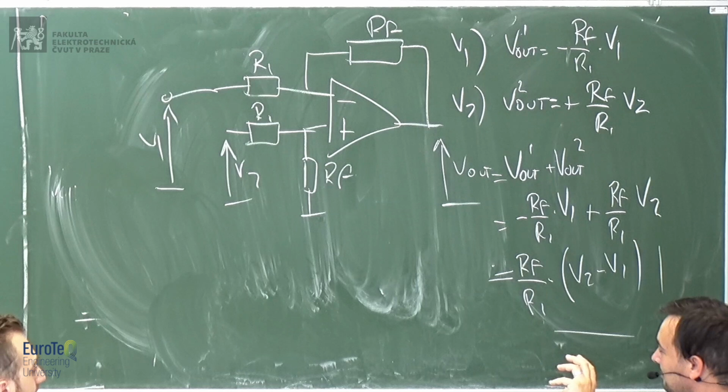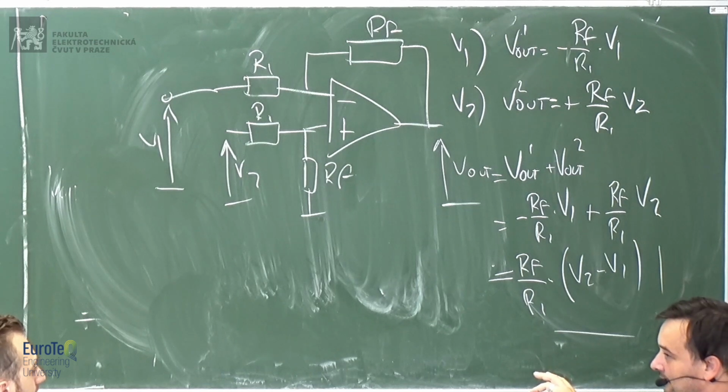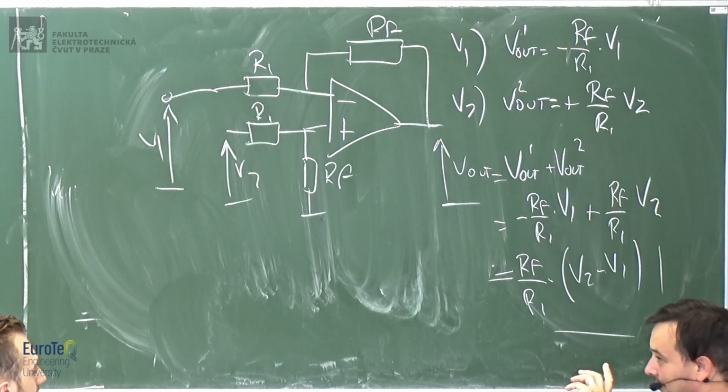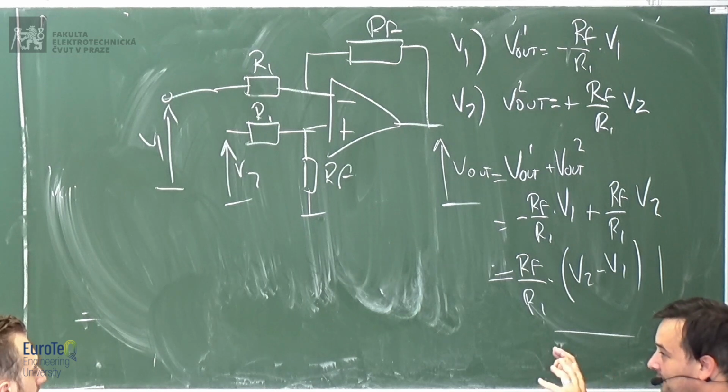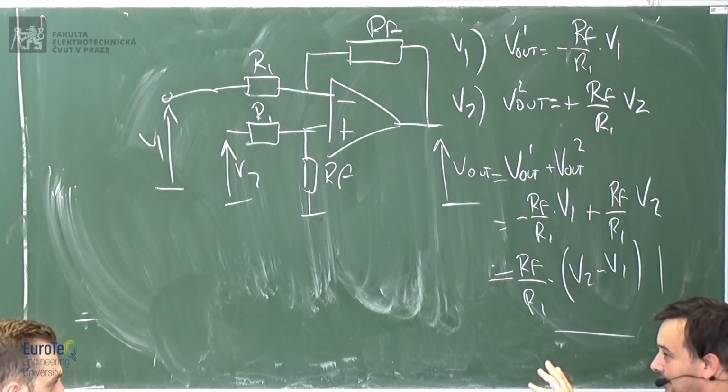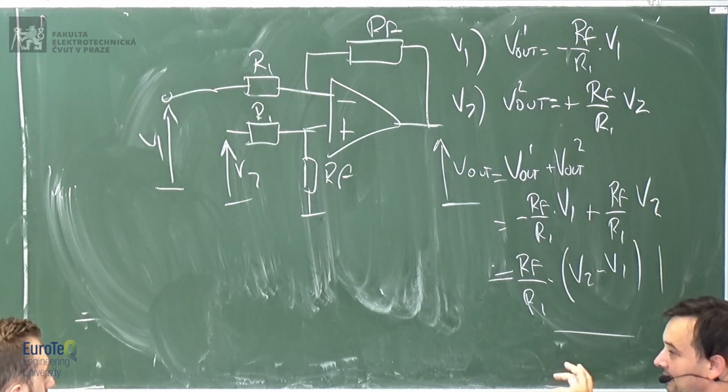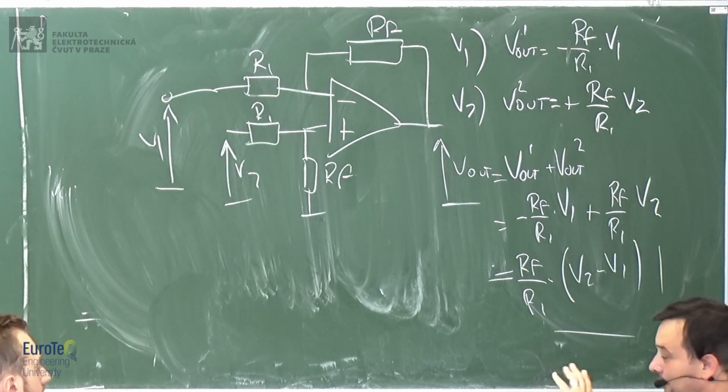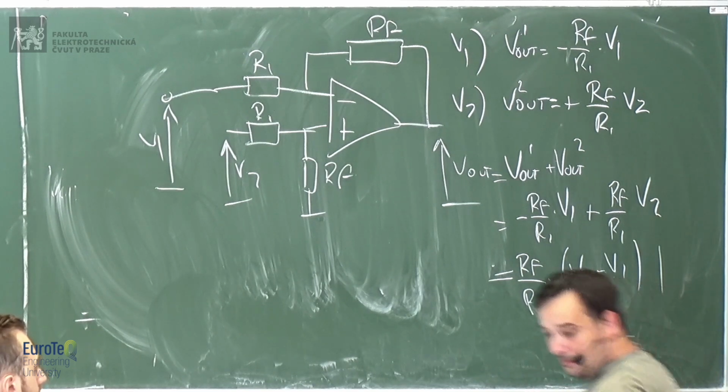When can you apply this principle? Be careful, it's not always valid. The principle of superposition is based on one assumption: you can use it only when the system is linear. Why?